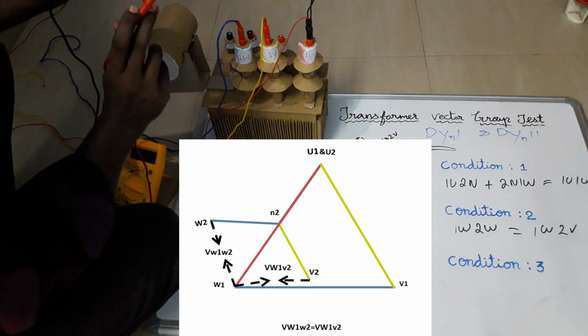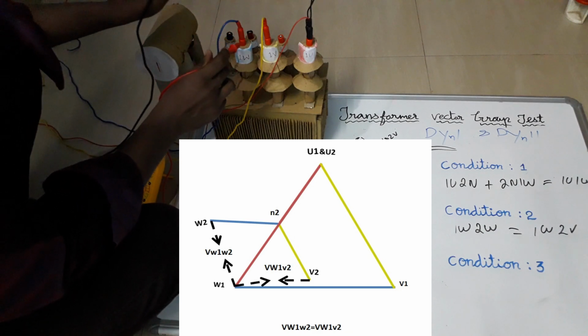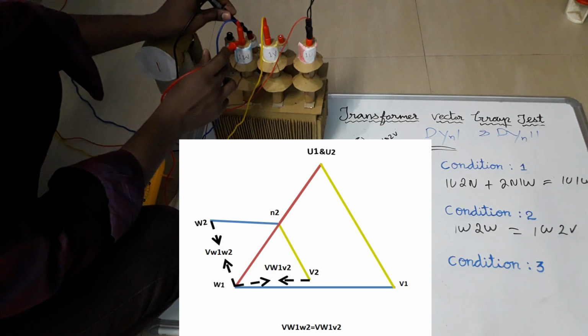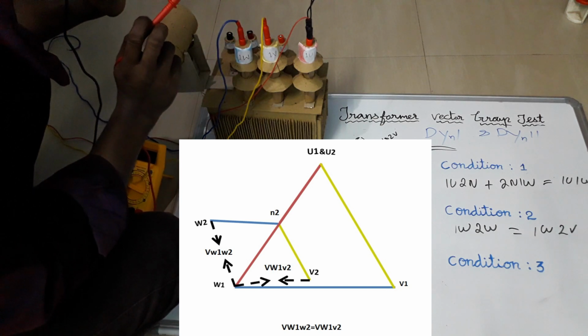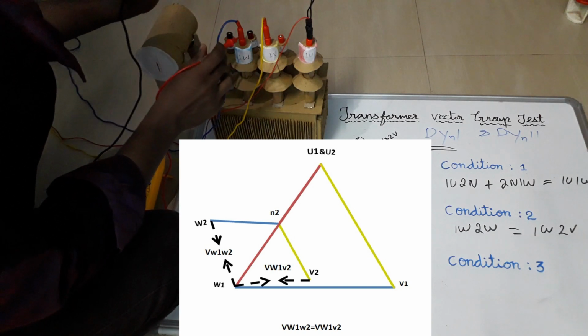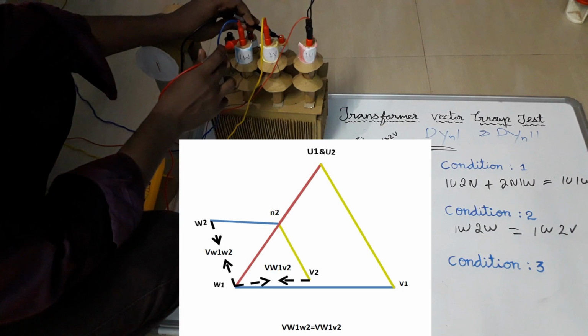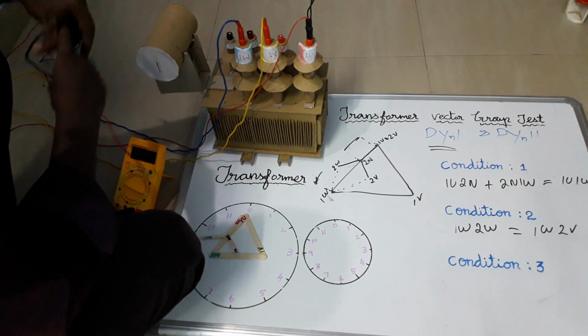Checking voltage for condition 2 is, we have to check voltage between HV side B phase and LV side B phase, that is 1W, 2W. This should be equal to the voltage between HV side B phase and LV side Y phase, that is 1W, 2V. These two should be equal.